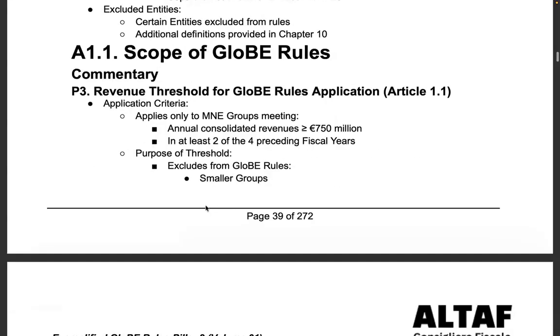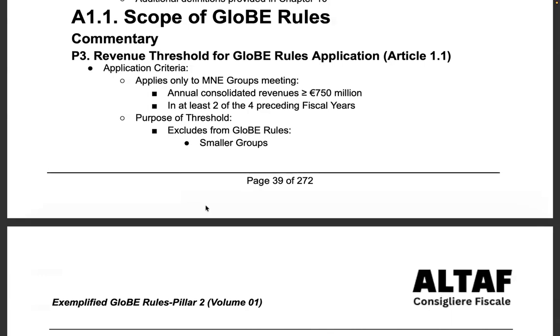So we just discussed the revenue threshold, that is, to which entities do the GloBE rules apply. The application criteria is that the GloBE rules apply to multinational enterprise groups which meet these conditions, meaning their annual consolidated revenues should have been equal to or greater than 750 million euros in at least two of the last four preceding fiscal years.